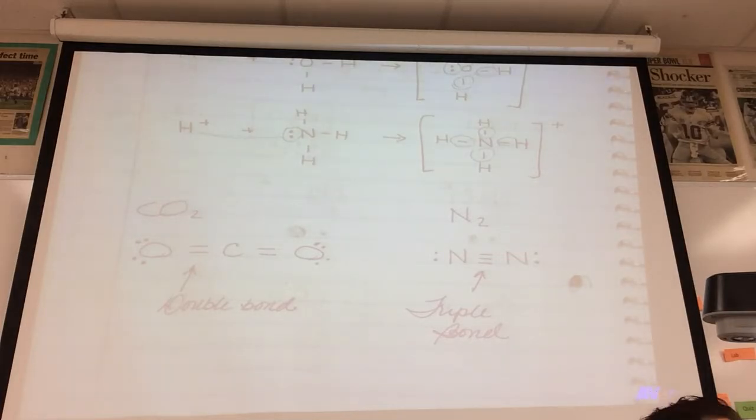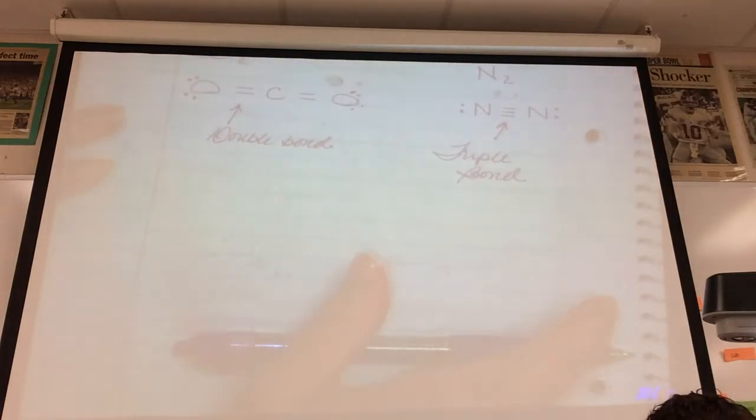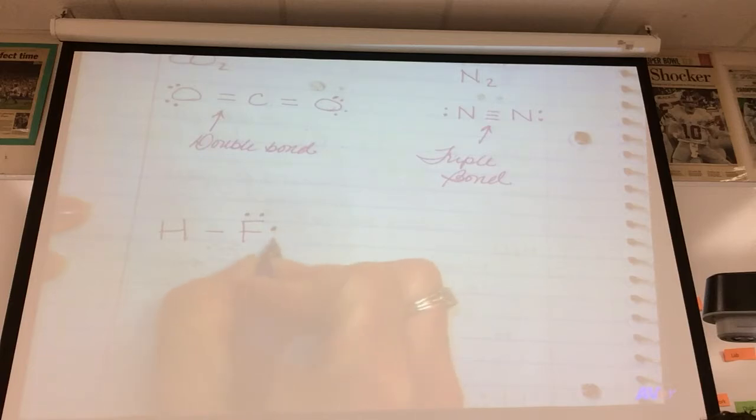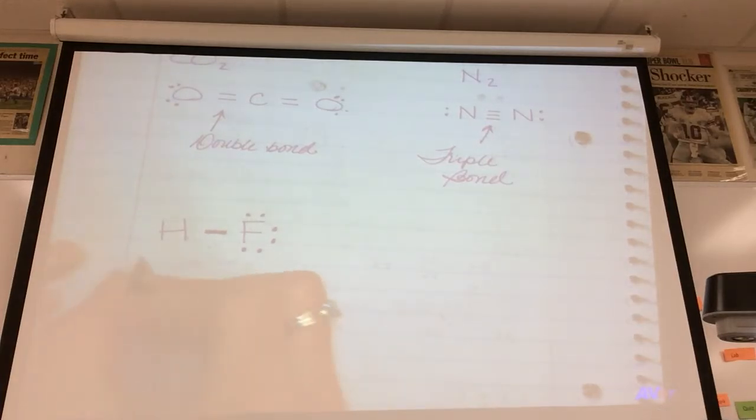Very briefly, I want to review electronegativity with you. You know from our previous chapter that electronegativity is the ability of a bonded atom to attract bonding electrons to itself. This is based on values. Electronegativity value of hydrogen is 2.2, fluorine is 4.0.